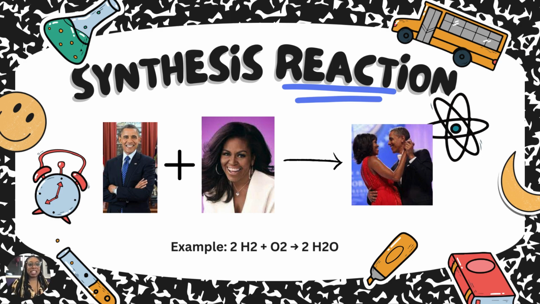So in the reactant side, both of them were single, okay? And then on the product side, they end up coming together and they end up becoming a couple, which in scientific terms, we will consider a compound. So Barack will be considered our H2. Michelle will be considered our O2, and then in our product, they come together to create one compound, which is H2O.